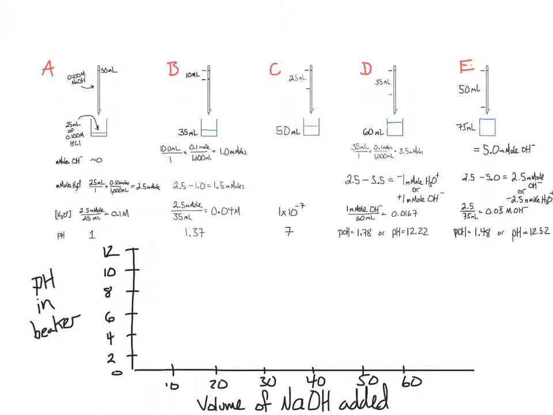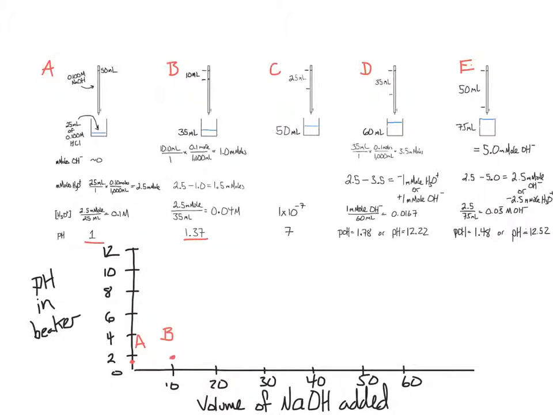Let's start out with scenario A, where we've added no sodium hydroxide solution, so a volume of 0. There we calculated the pH to be 1. After we added 10 milliliters of sodium hydroxide, we calculated the pH to be 1.37.